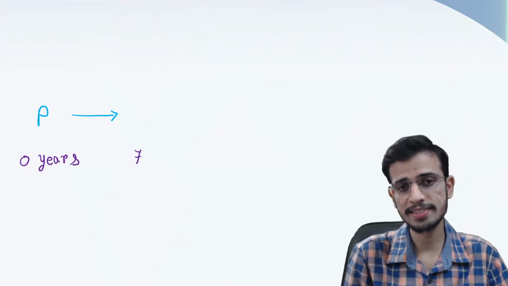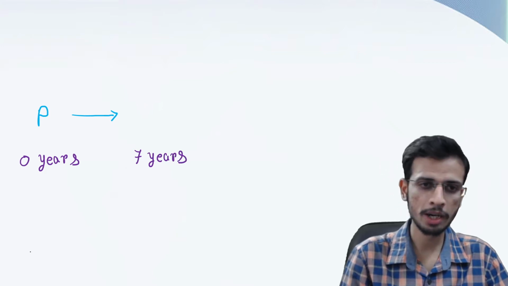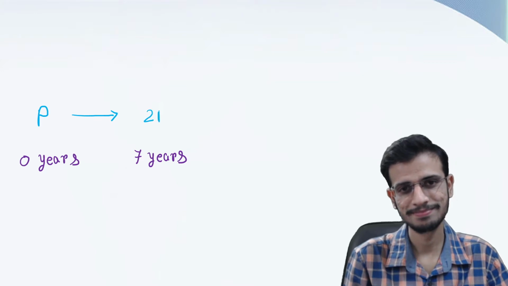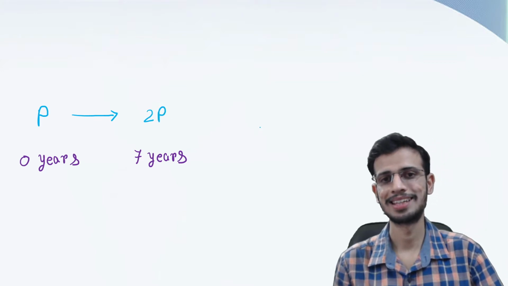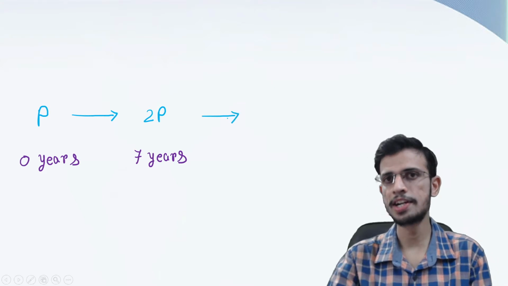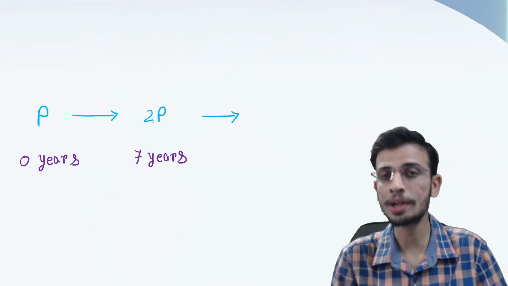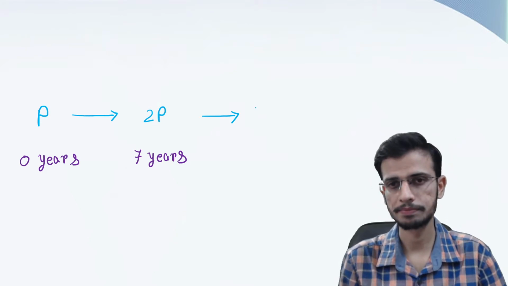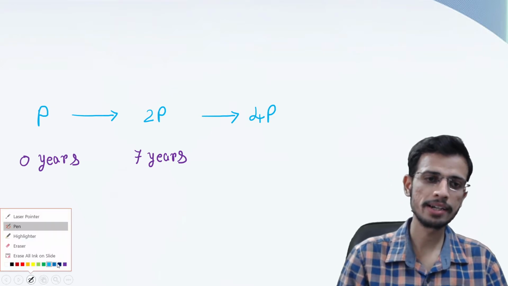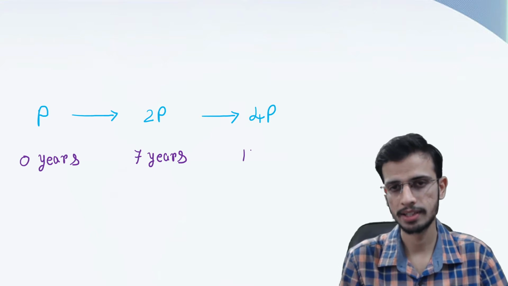So after 7 years, it will become 2 times of P. After 7 more years, it will become double of the original amount, that is 2P, right? So in every 7 years, it will be doubled. 0 years to 7 years, then 7 years to 14 years.